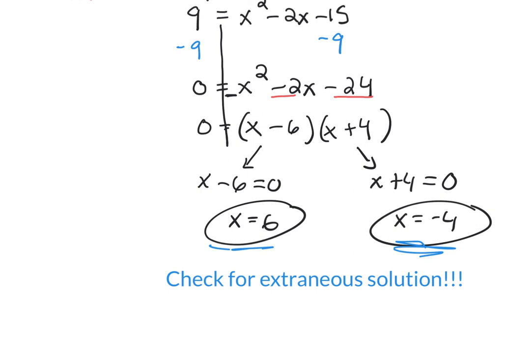And the reason is a logarithm, let's just say log base 5, let's say I write negative 2 equals a number. So let's think about that. Can 5 to the power of x equal a negative number?